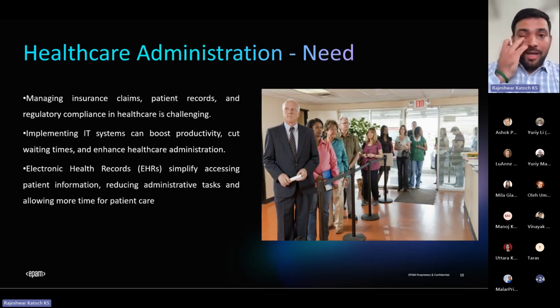So now coming on to the need for healthcare administration. You see an image where people are standing in a queue. How has healthcare administration improved? Earlier, when you went to any healthcare provider center or hospital, you had to stand in line, fill out the form, and have it recorded.